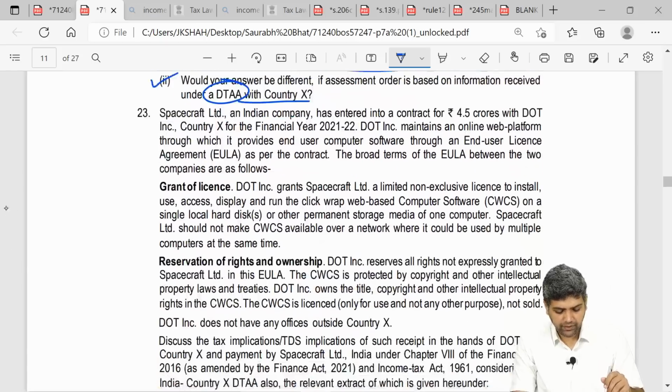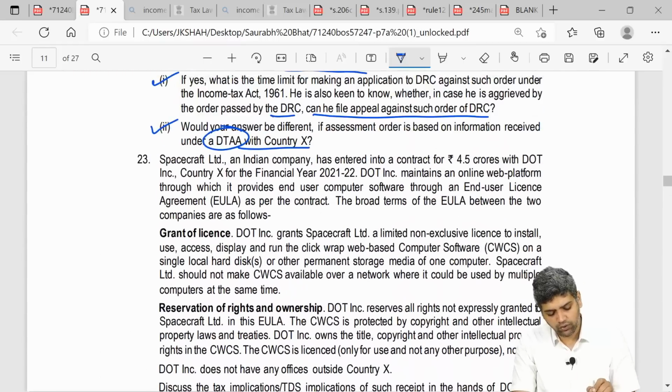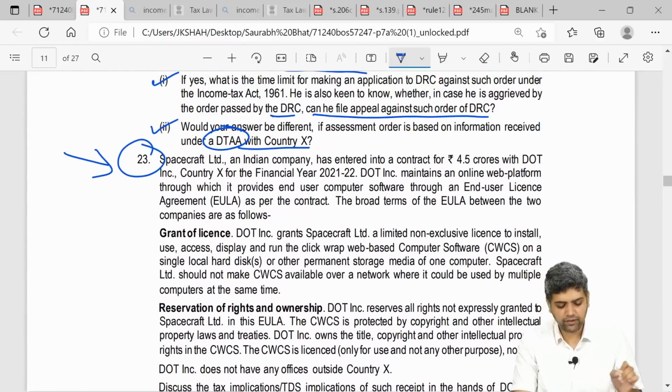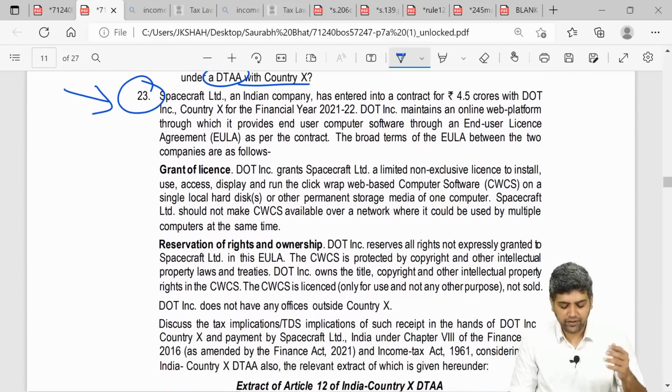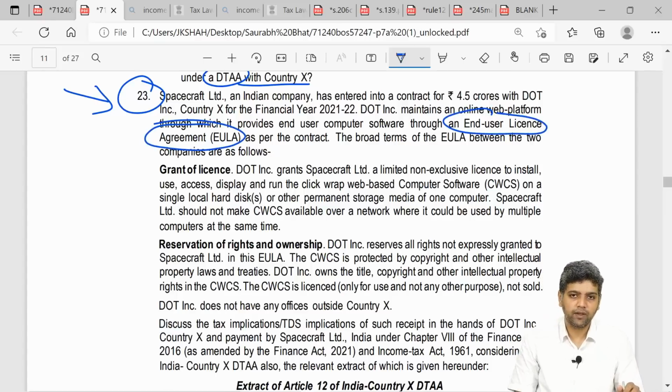Moving ahead, the next question, a very similar question was asked in your May 2022 RTP, that is question number 23. Again, this is covered by us in class because this is based on a recent case law of Engineering Analysis Centre of Excellence, that is with regard to shrink wrapped softwares which have an end user license agreement.